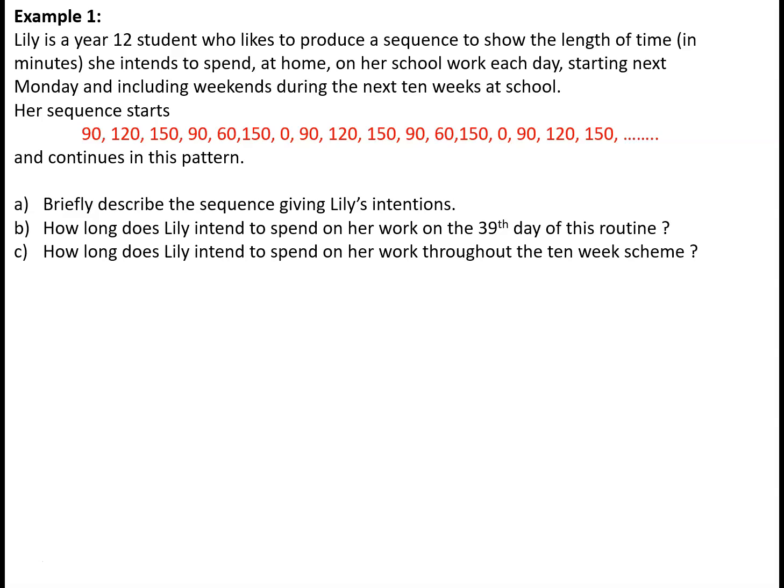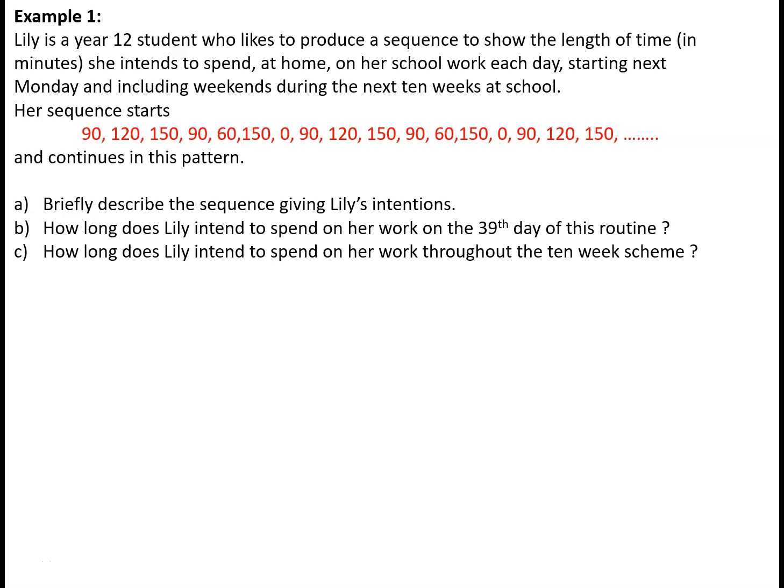The sequence starts 90, 120, 150, 90, 60, 150, 0, 90, 120, 150, 90, 60, 150, 0, 90, 120, 150 and so on. So the first thing we've got to do is briefly describe the sequence giving Lily's intentions.